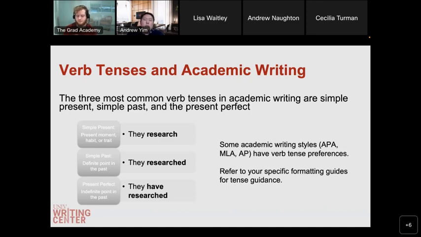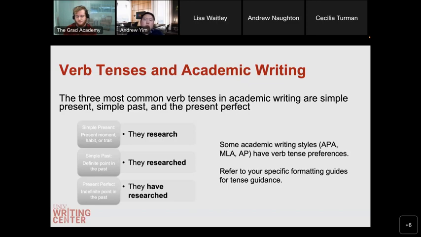So when it comes to verb tense, especially for some people, verb tense can be very difficult because it's hard to know when you need to use present tense, simple past, or present perfect. And when it comes to the APA, MLA, or AP style guides, sometimes they have a preference for what you should use. So feel free to go back and think about, okay, when is it appropriate to use the simple present, like research, right, at the present moment?